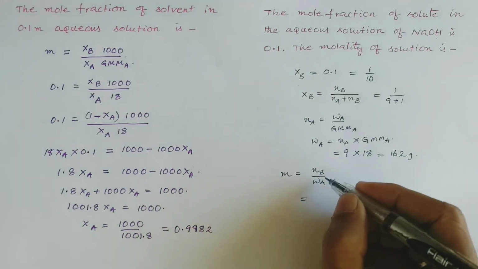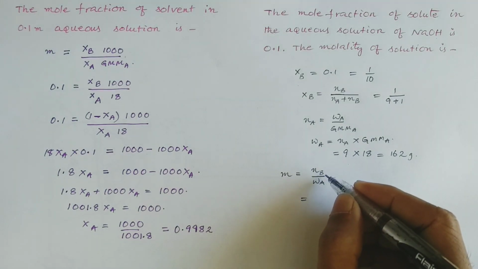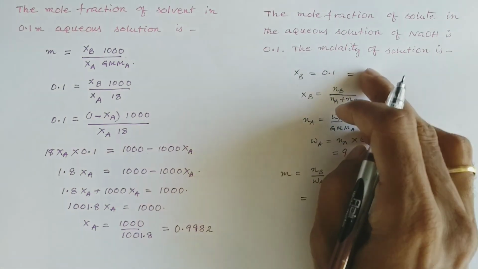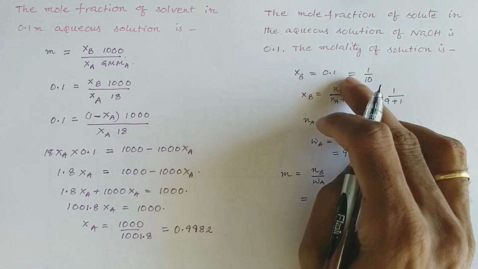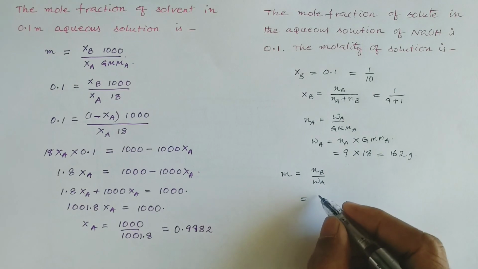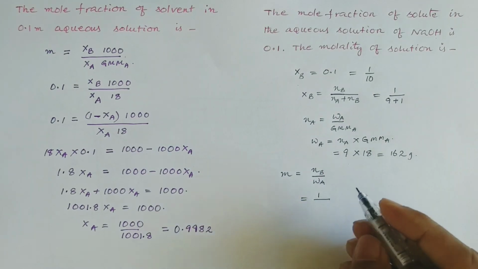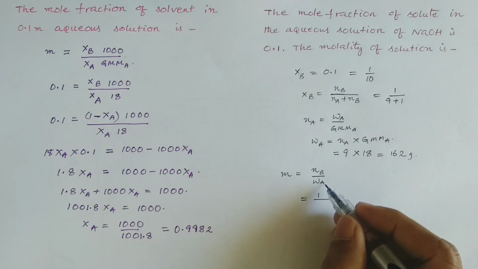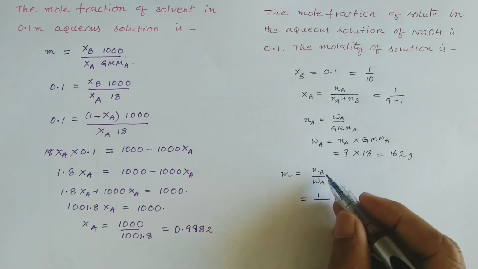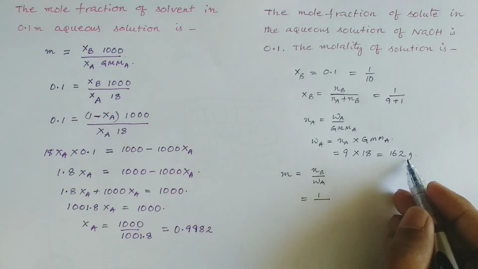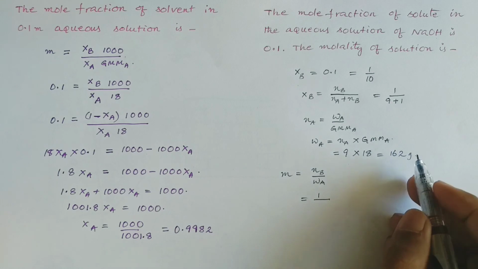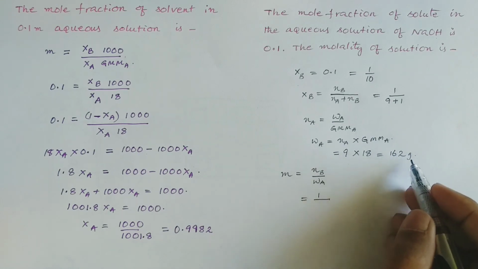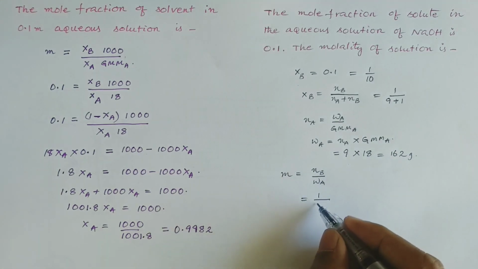Number of moles of solute is equal to 1, right? Okay, mole fraction is 0.1, or 1 mole of solute is present in 10 mole of solution. Okay, the mass of solvent containing 1 mole of solute is 162 grams. Okay, 1 mole of solute is present in 9 mole of solvent, or 162 gram of solvent.